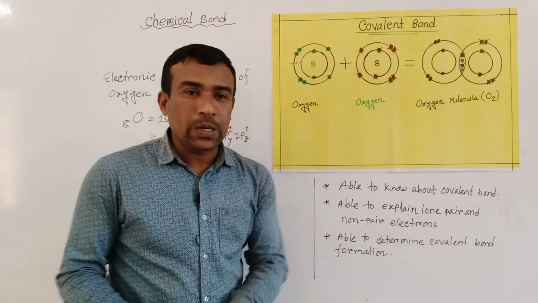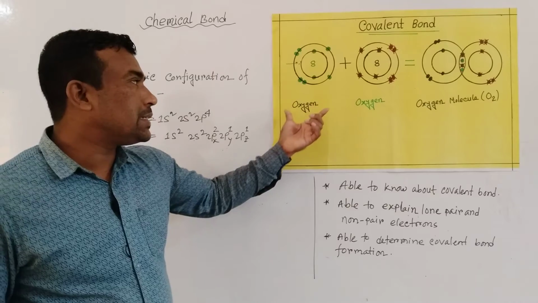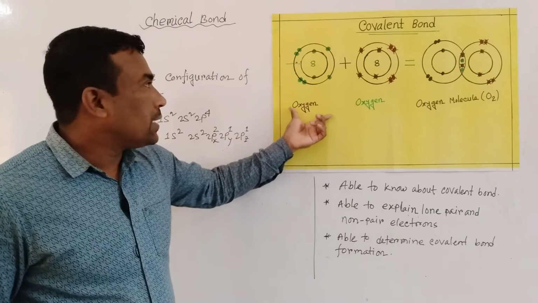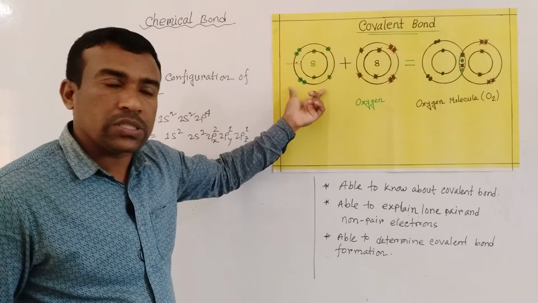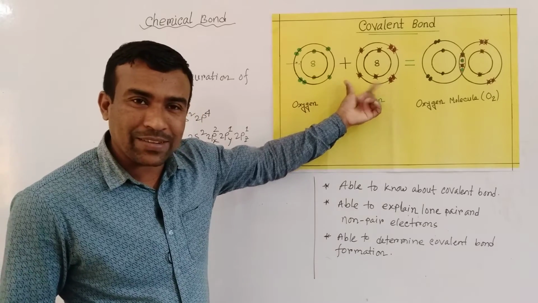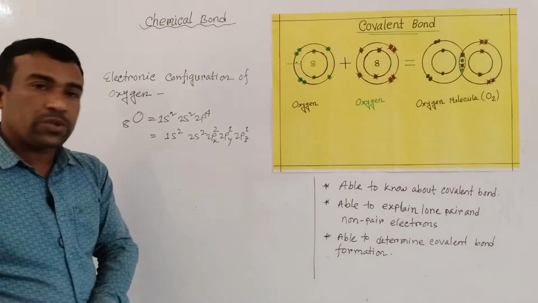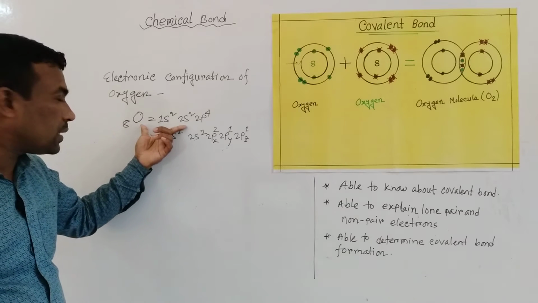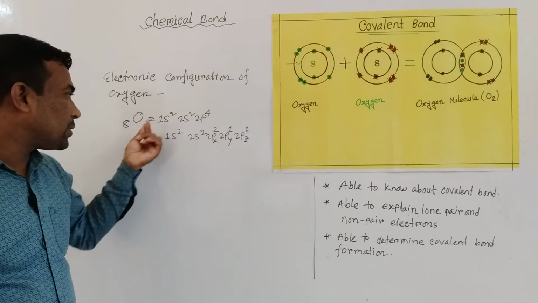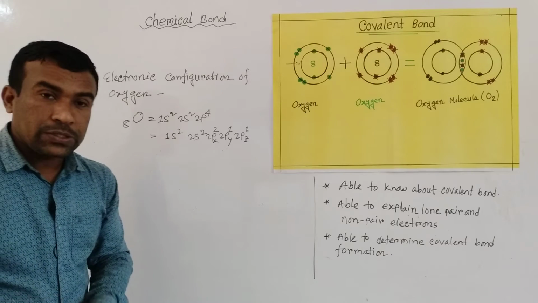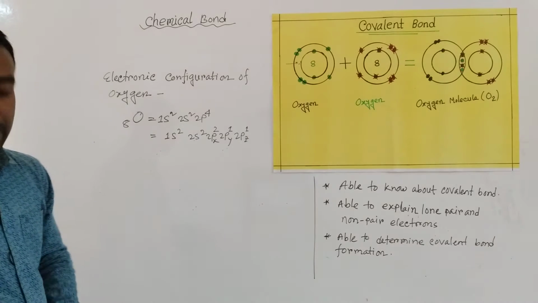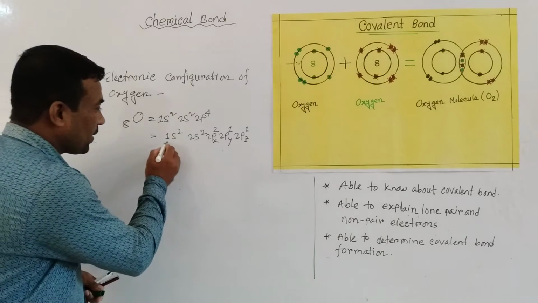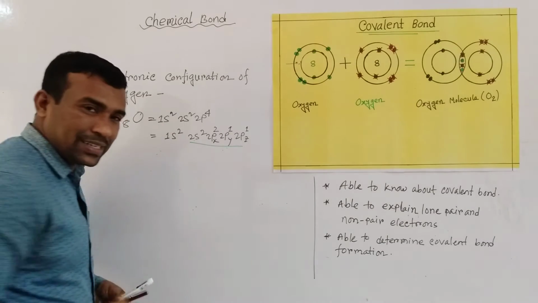Okay? So, here is an example. This is the electronic configuration of oxygen, and this is another oxygen. By the process of orbitals, the electronic configuration of oxygen is like this. It has 6 electrons in the outer shell, and we know it is a non-metal.